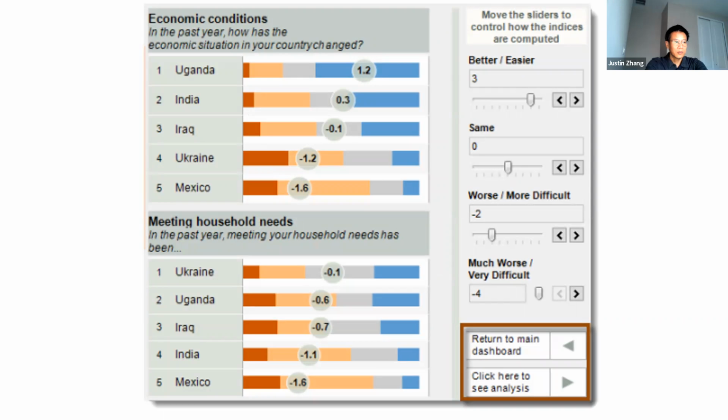Here is another example, showing survey data on a Likert scale chart. Here you can see the use of orange, gray, and blue colors to create excellent contrast between the colors, even for people with color vision deficiency.